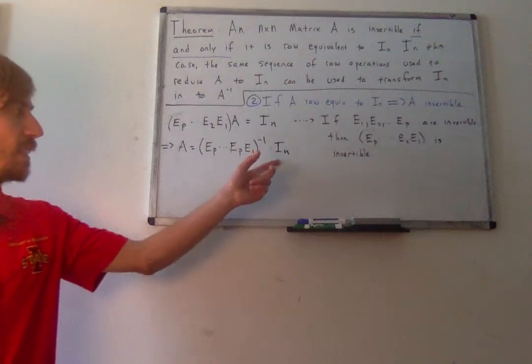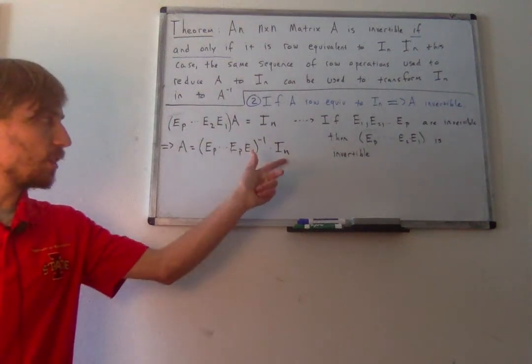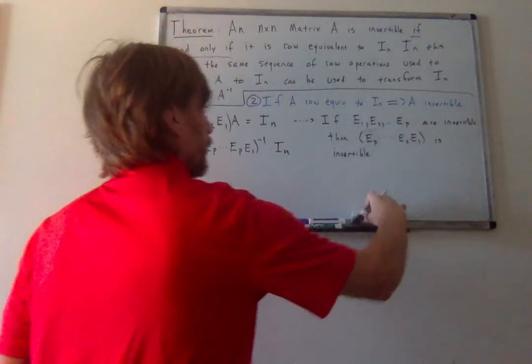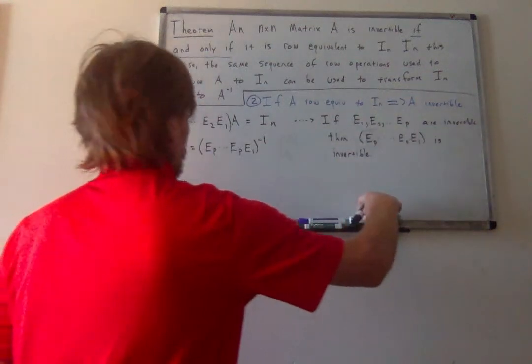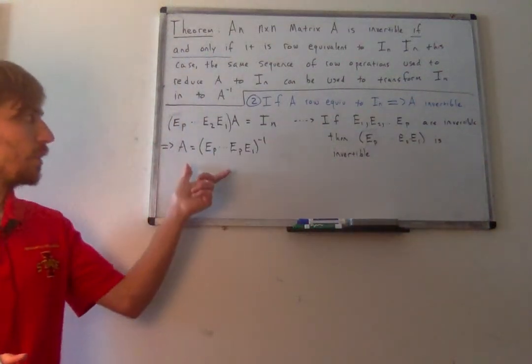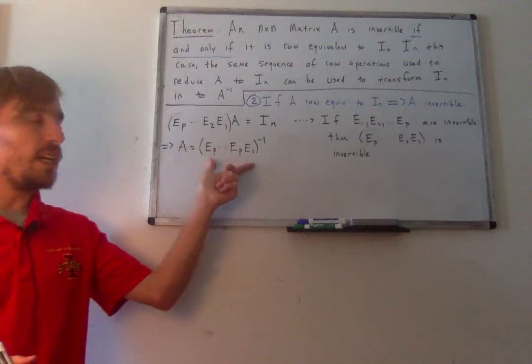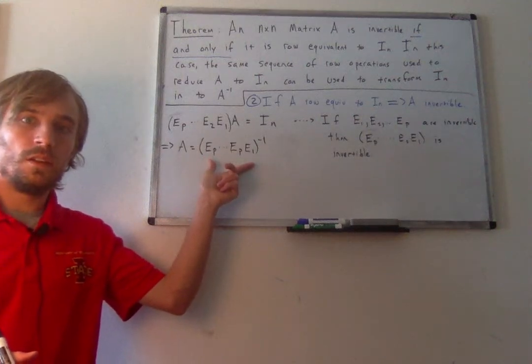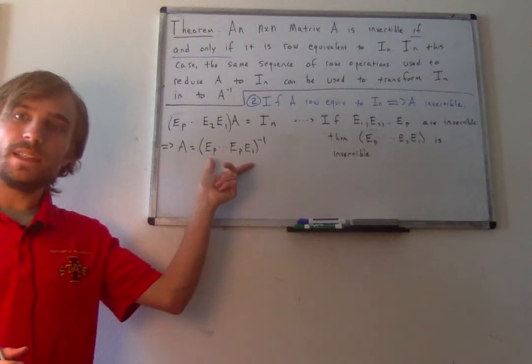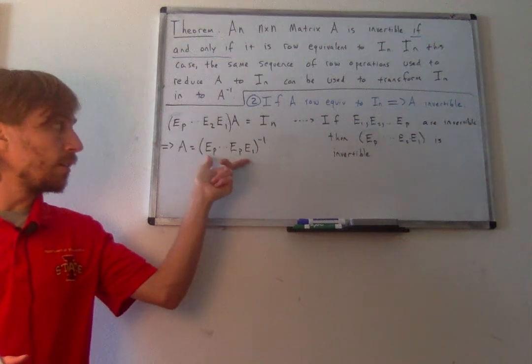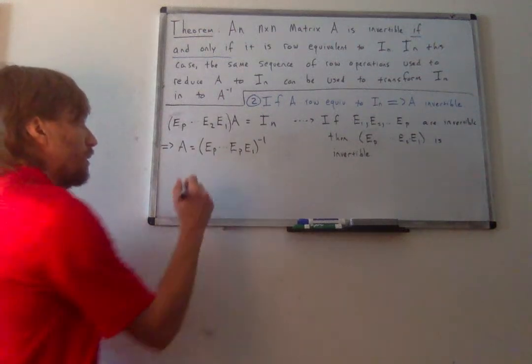But the identity times anything is just itself, so I can drop this identity. Now I know that A is equal to the inverse of this product. So why not just take the inverse of both sides? I know that this inverse exists.